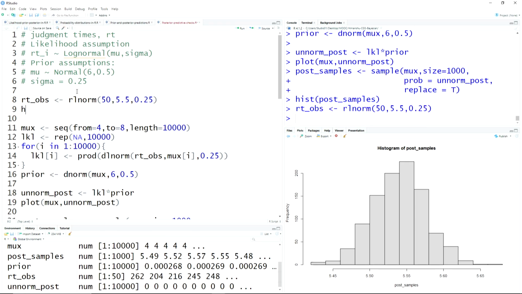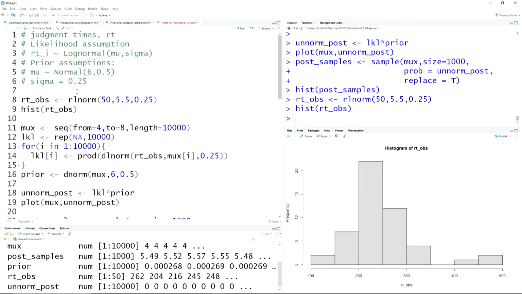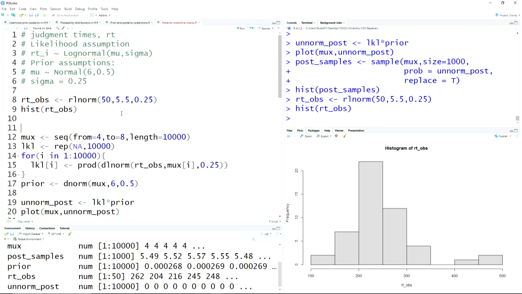Let us visualize how the actual observed data look. So this is how the actual observed data looks, right. Now, how do we do a posterior predictive check? So, the first step is to estimate the posterior distribution.